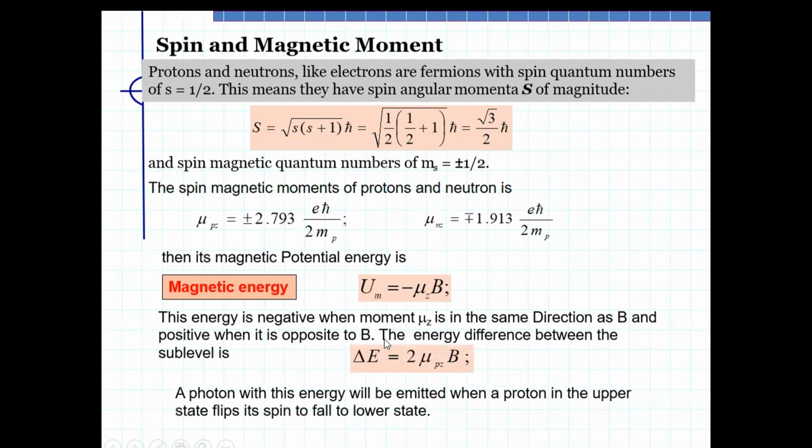Therefore, the energy is negative when the moment is in the same direction as B, and it becomes positive when it is opposite to B. So the energy difference is from plus to minus, or from minus to plus, and therefore it is 2 times mu times B. A photon with this energy will be emitted when a proton in an upper state flips and falls to the lower state.